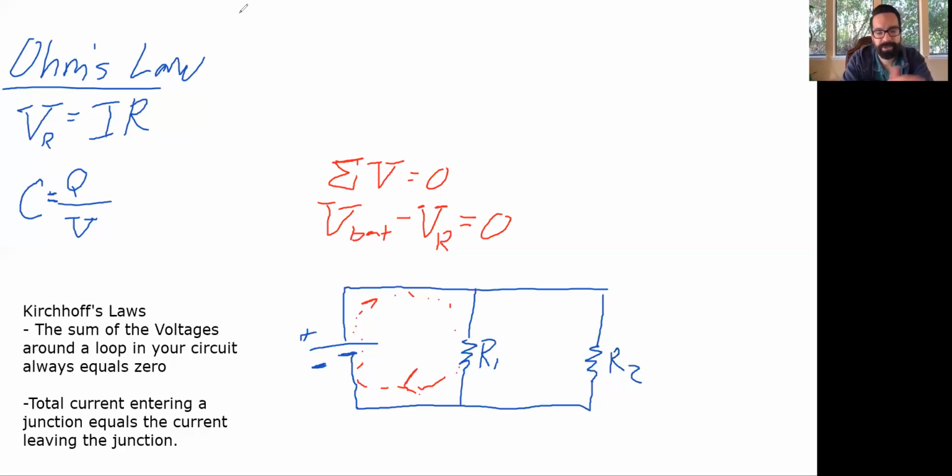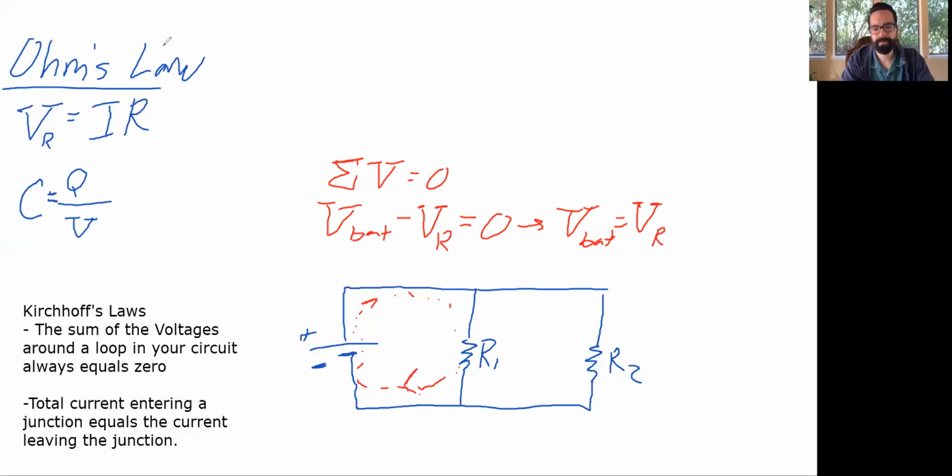Okay, which tells us something, right? What I just wrote is Kirchhoff's loop law. And from that, we can see that the voltage of your battery equals the voltage of your resistor.